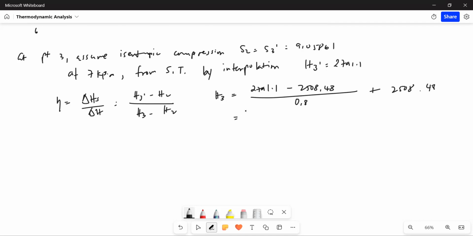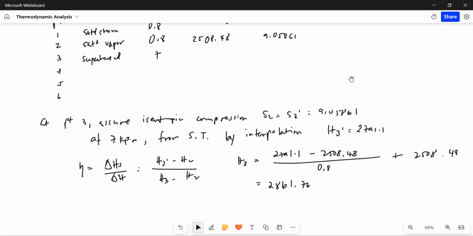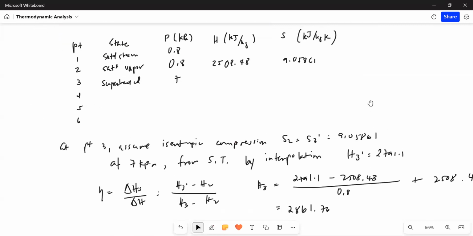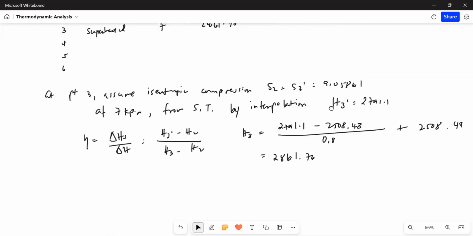H3 actual is 2861.76 kilojoules per kilogram. And therefore, let's write that in on the table.